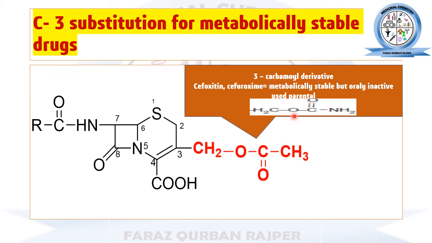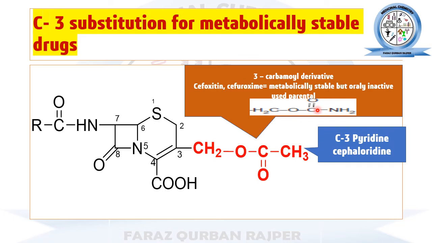The cephalosporins which have the 3-carbamoyl functional group are cefoxitin and cefuroxime. They are orally inactive but metabolically stable, meaning they are resistant to hydrolysis by the esterase enzyme, and they are used by the parenteral route.